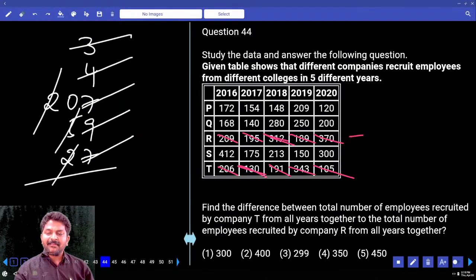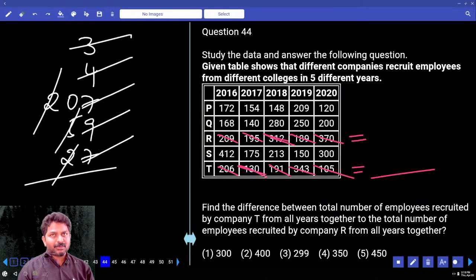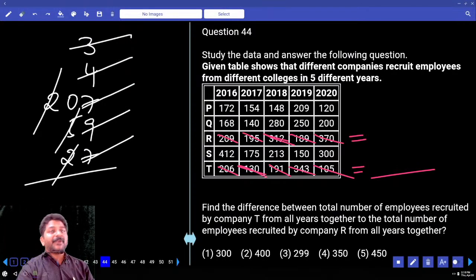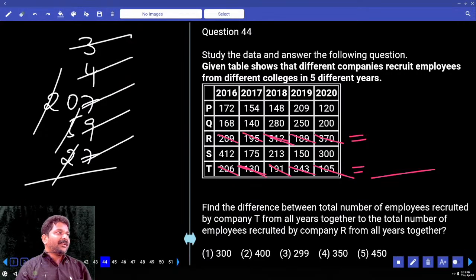You can add all R values and all T values and then take the difference, but I don't want to, because adding numbers may give a 4 digit number. As long as you are increasing your number, your risk factor also increases.